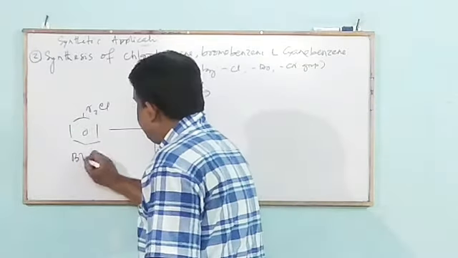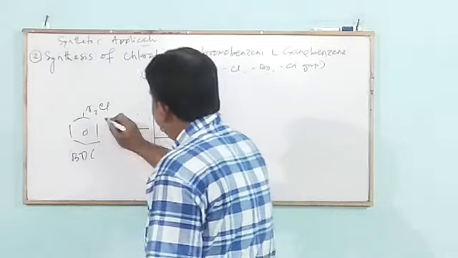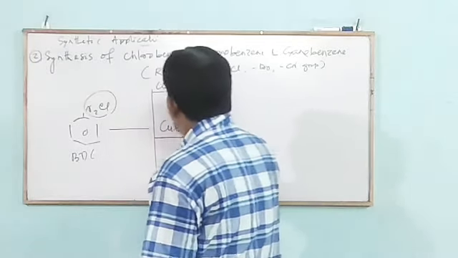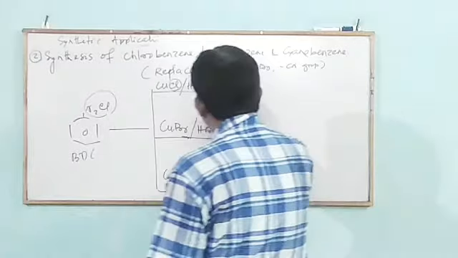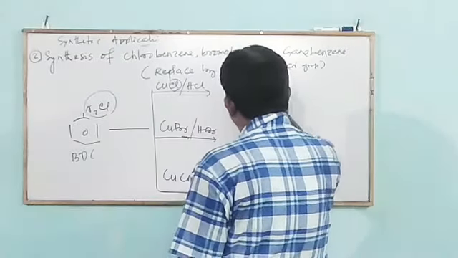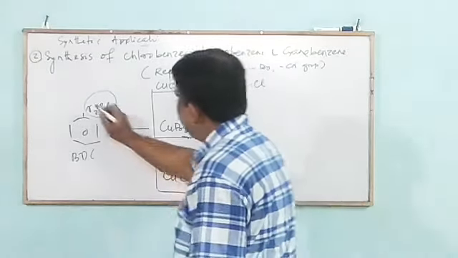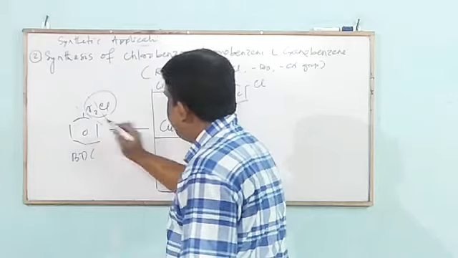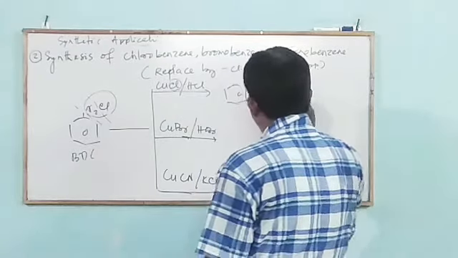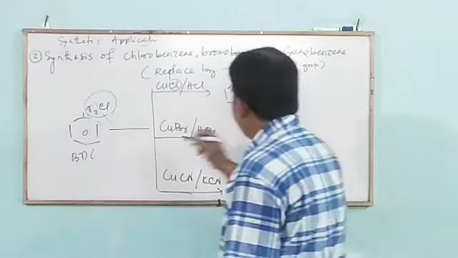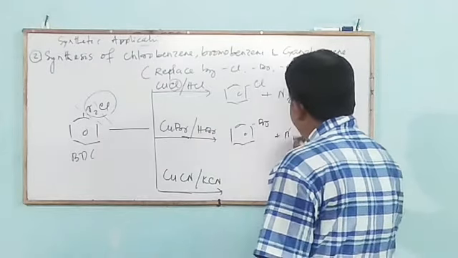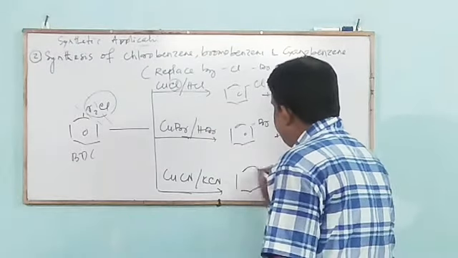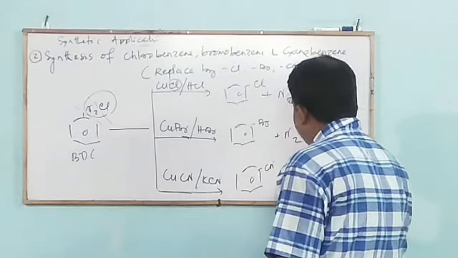This group is replaced by Cl to form chlorobenzene, then the bond breaks, plus N2. Here this group is replaced by bromine, plus N2. Here it is replaced by cyanide, plus N2.